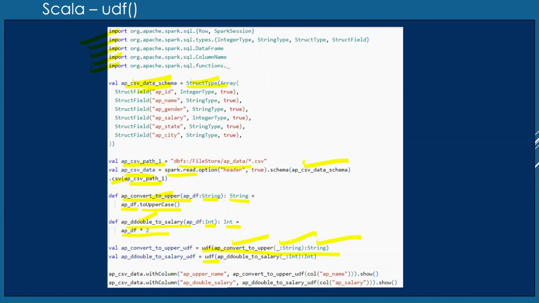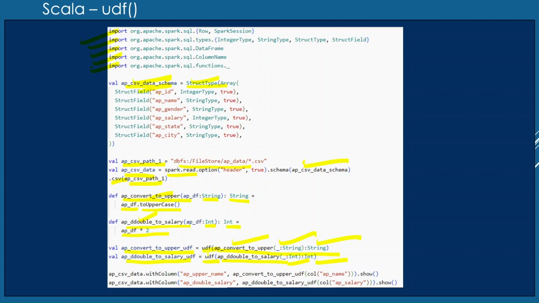The output type is string as well. And this function will be available in this variable. Here also we are doing the same thing. We are registering this function with the help of the UDF function. First we need to provide the input type and the output type, and this function is now available in this variable.